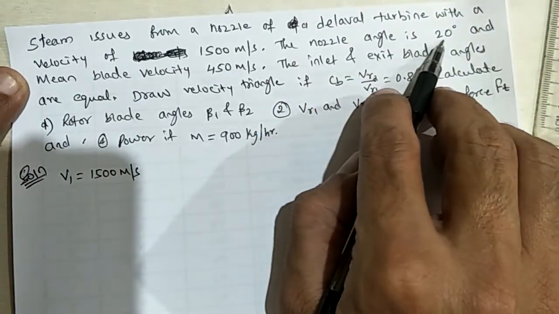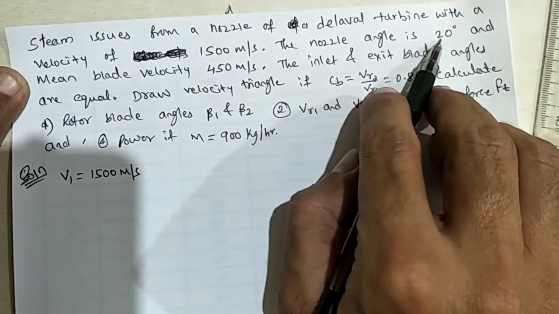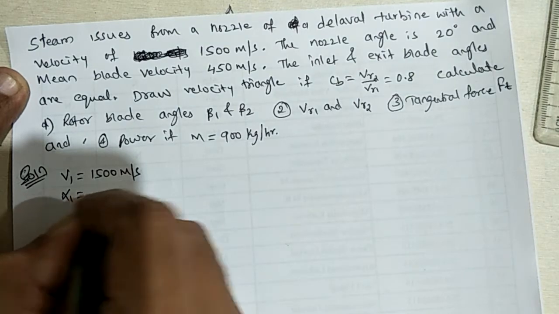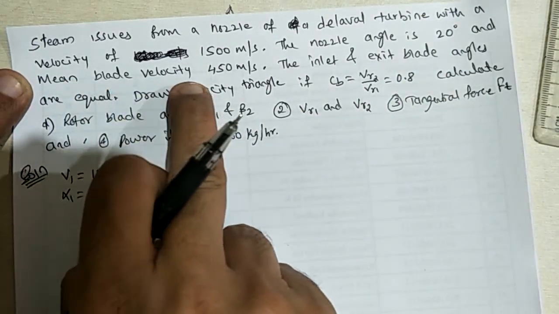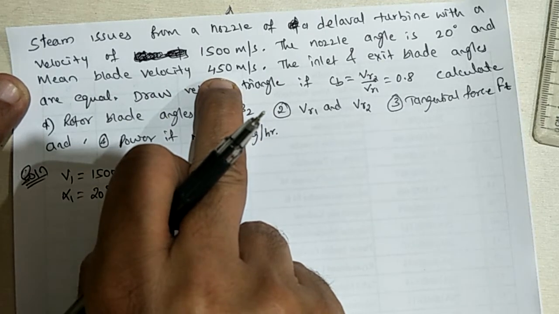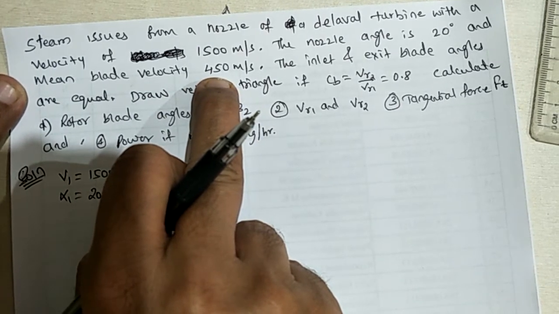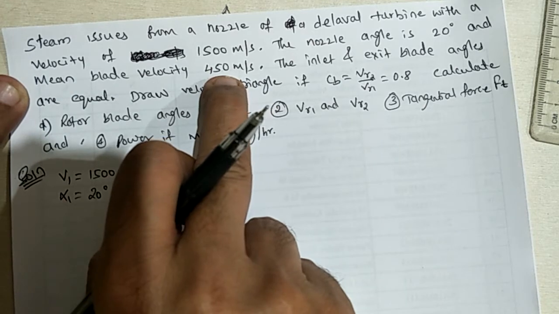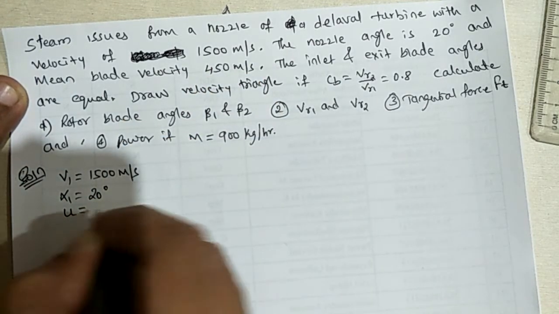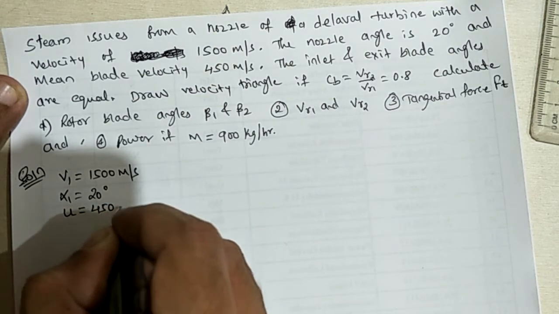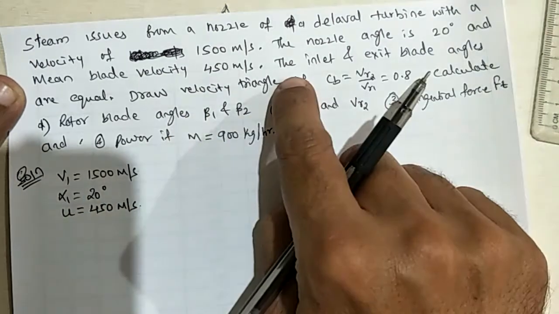The nozzle angle is 20 degree. So here the nozzle angle, that is alpha 1, is equal to 20 degree, and mean blade velocity, that is the velocity of the rotor, is 450 meters per second. So that is nothing but u is equal to 450 meters per second.